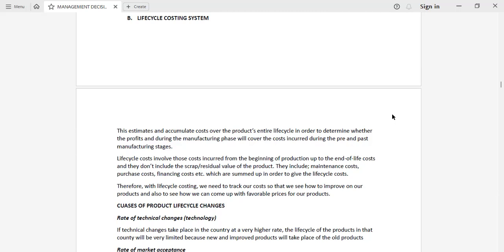So those are the stages that we normally have in life cycle costing. We have the manufacturing stage, the growth stage, the maturity stage, and then the declining stage.